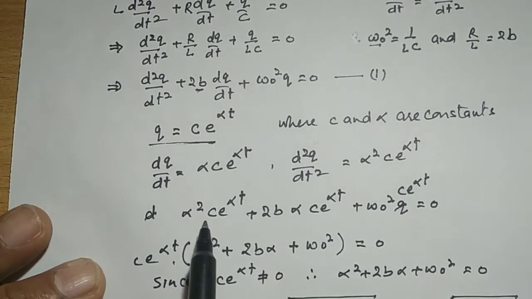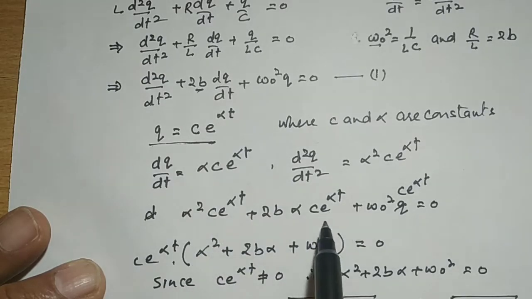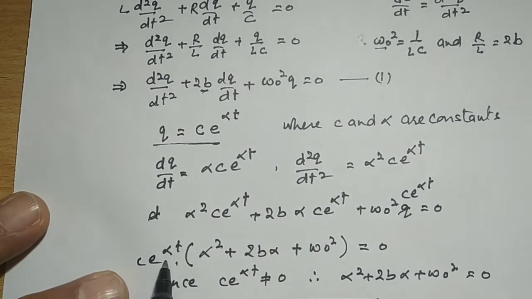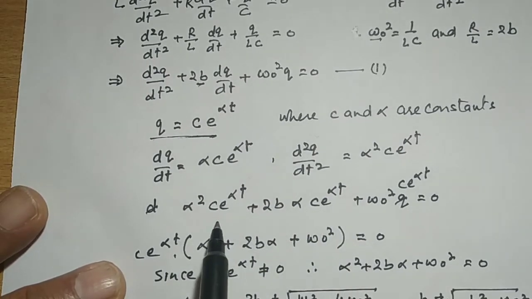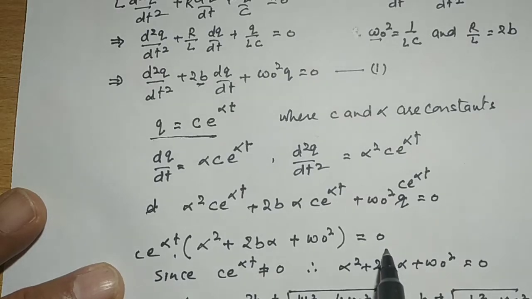Now in all these terms you see c e^(alpha t) is common. We take this term common, and we are left with alpha square plus 2b alpha plus omega naught square, that is equal to 0.